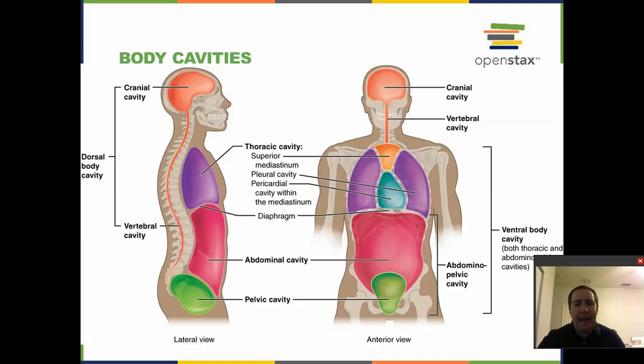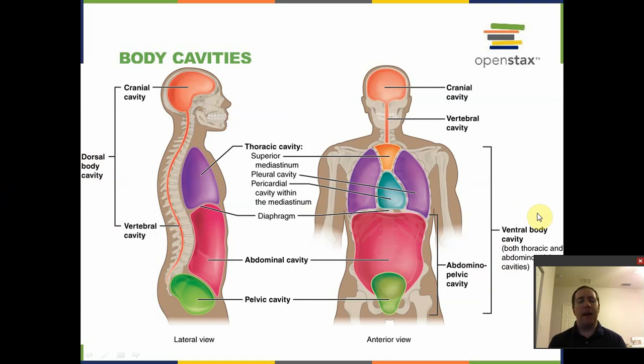Next are body cavities. These are empty areas in our body, usually occupied by organs. Now notice there's a lot of words on this diagram. We have a lot of different levels of organization when we talk about body cavities. The highest, most general level of organization is we have the dorsal body cavity, which is on the left here, and the ventral body cavity, which is on the right.